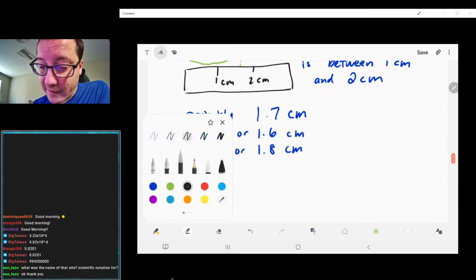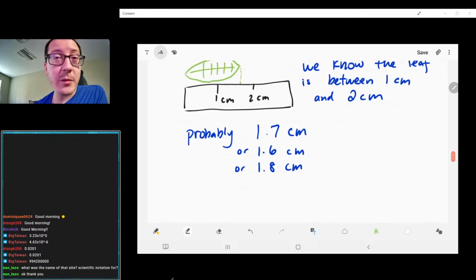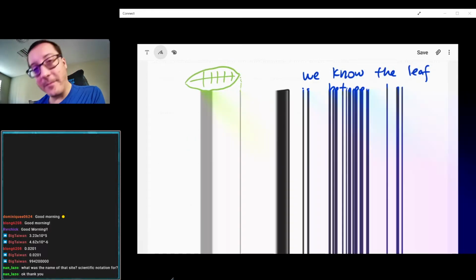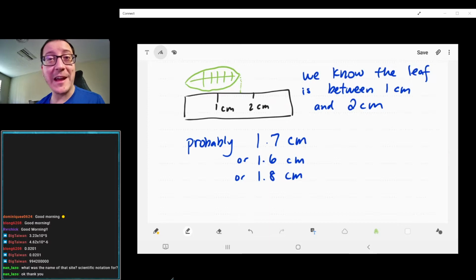What's interesting about this is that technically all three of these are right. Technically, one of them would be better than the others, but because these are estimations, it depends on your eyes, and just how you like to view things.